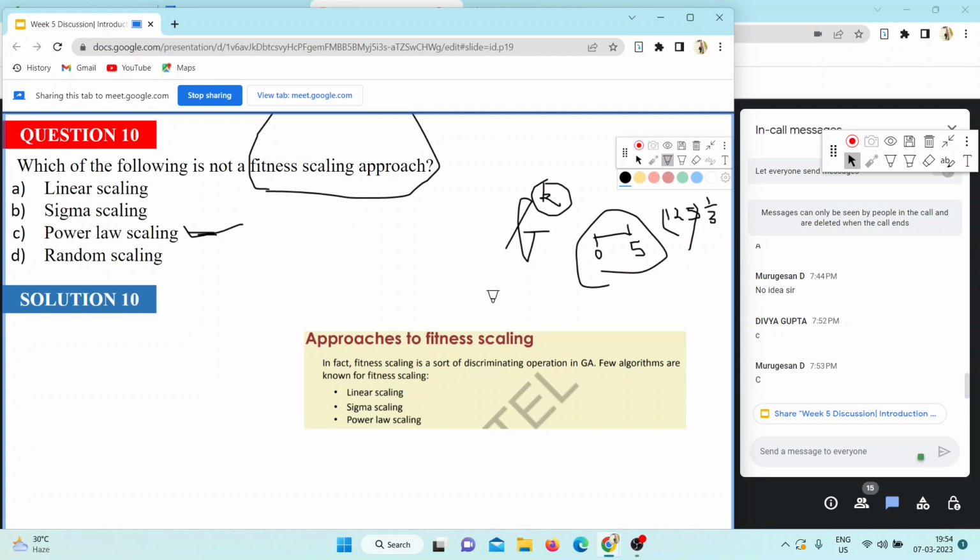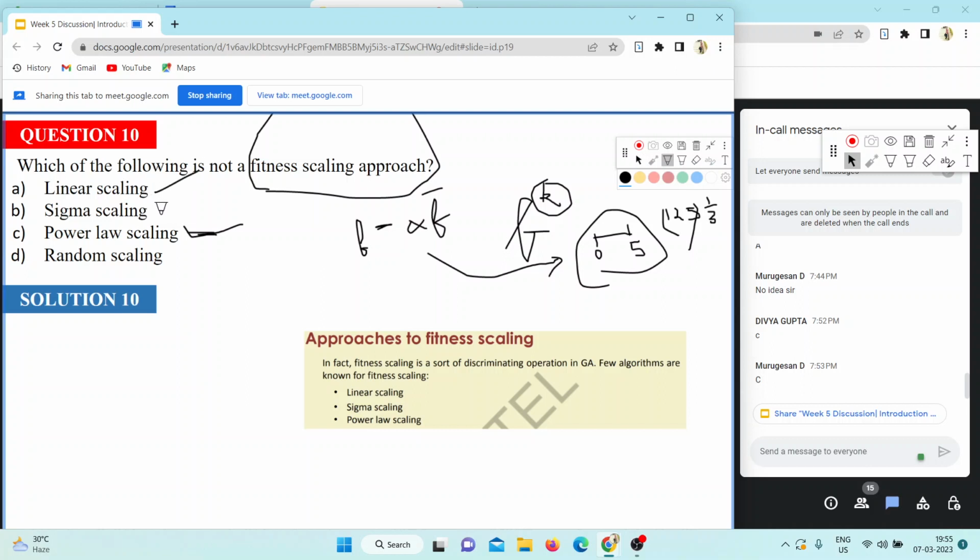In linear scaling, you find the mean of all the fitness values in your population, and then you compute f minus alpha times f bar, where f bar is the mean of all the fitness values. So you are reducing some constant times the mean value so that all your fitness values fit in a particular scale. So this is also a scaling method.